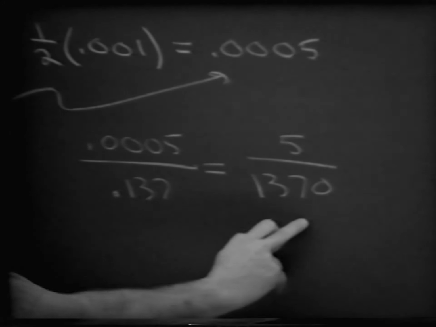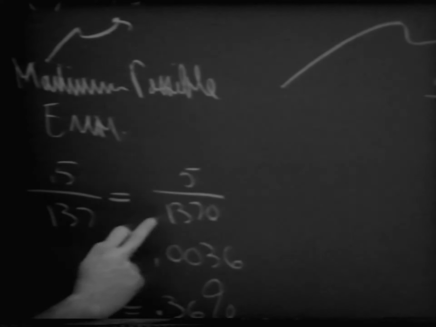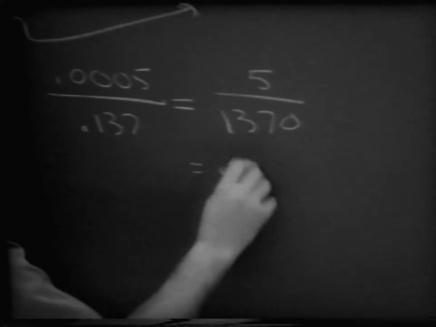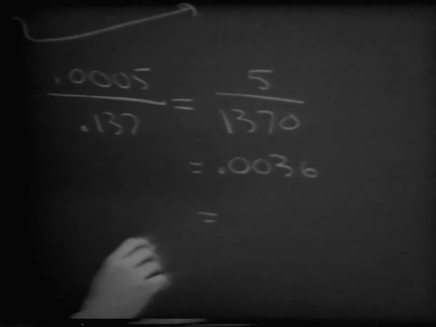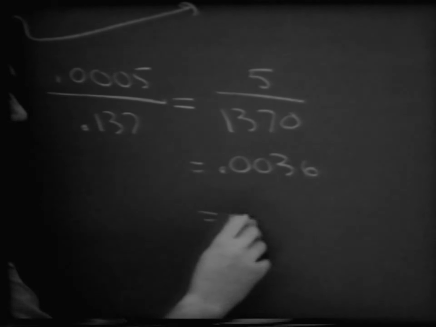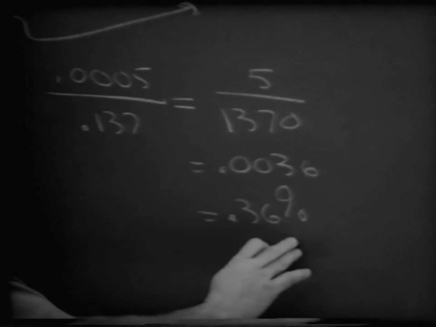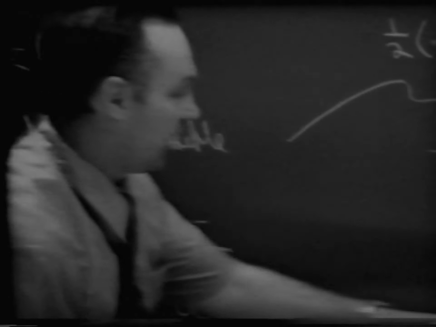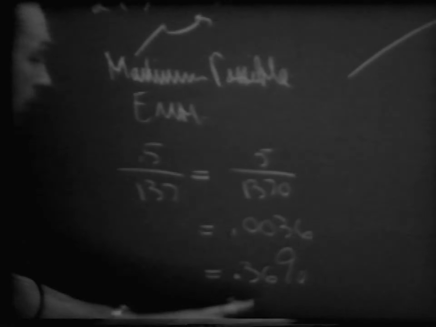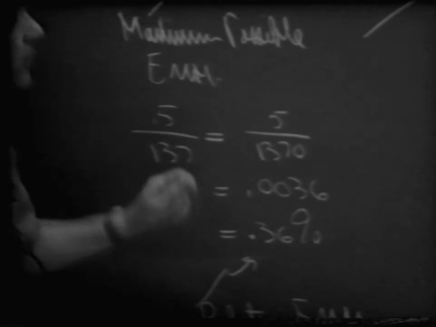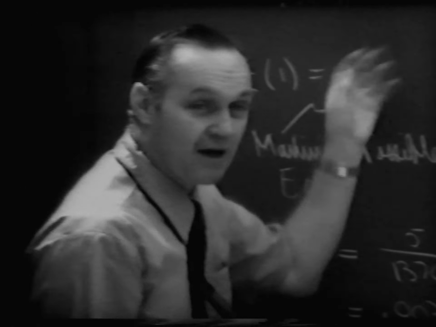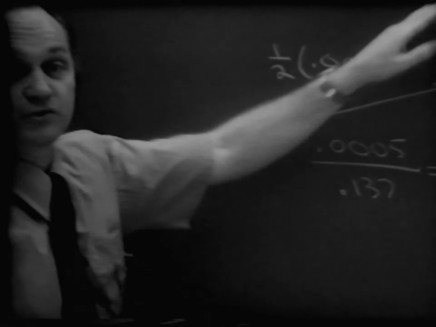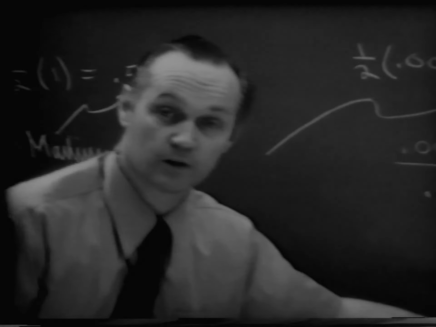And notice that this number is exactly the same as the number that we have here. Therefore, writing it as a decimal equivalent, it's 0.0036, and as a percent, 0.36 of a percent. Notice now that in each case the relative error is the same number. Even though here we are talking about a pound, measured to the nearest pound, and this was to the nearest thousandth of an ounce, our percentage of error turned out to be the same.